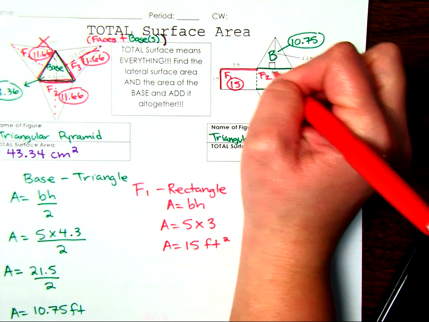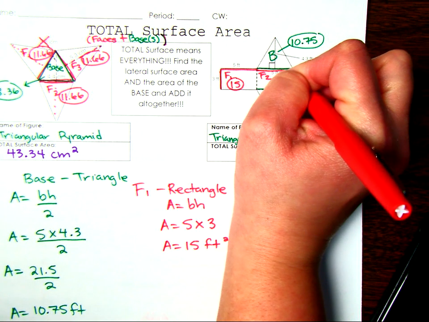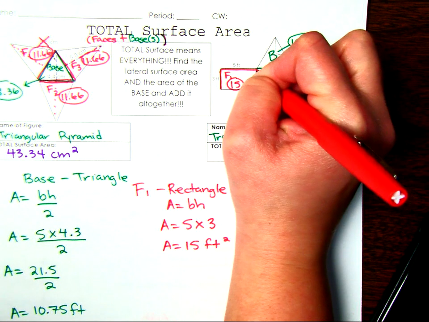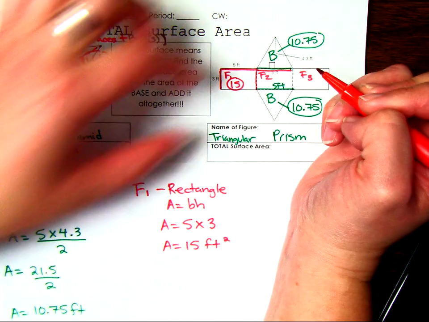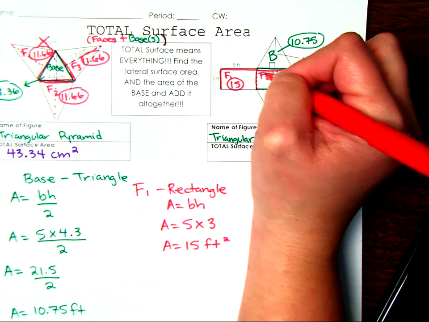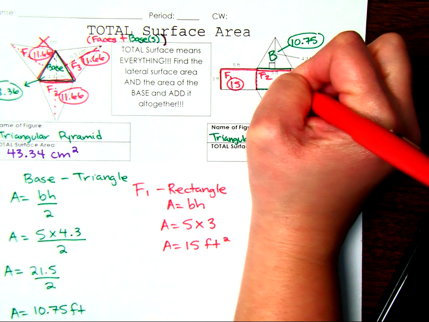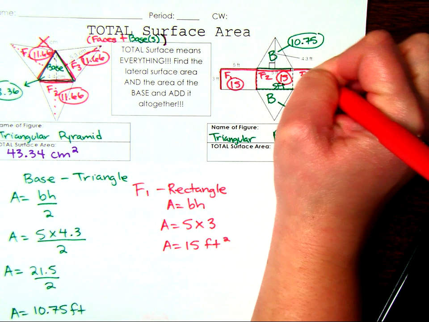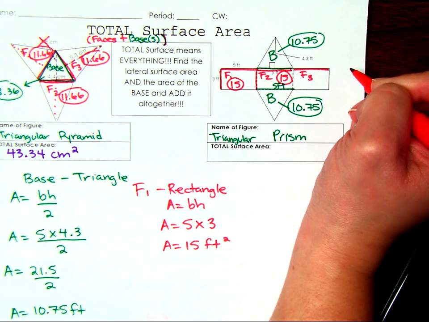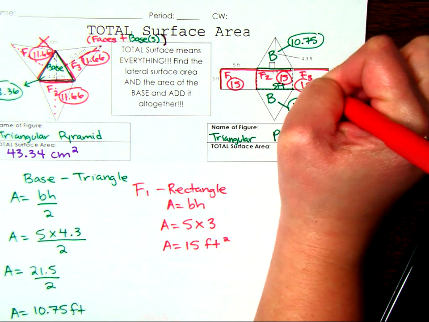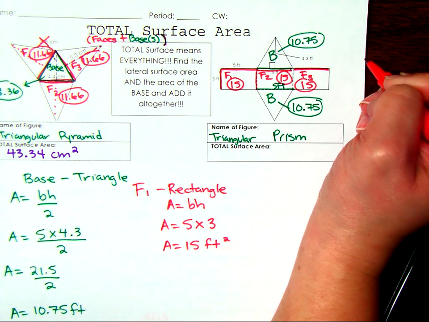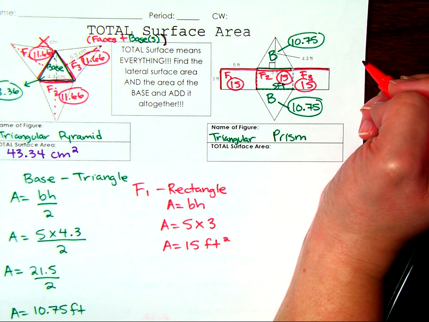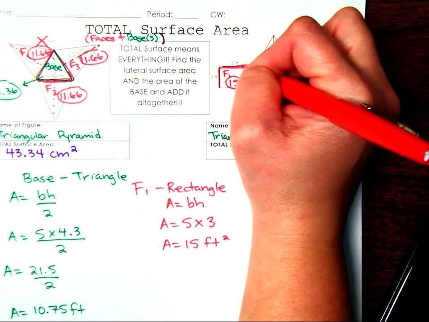Okay, so let's look. If this is also 5, and your height right here, parallel and congruent, it's also 5 times 3, you know that that's going to be 15. And this right here is also going to be 15, because this base right here is 5. Okay? Another thing to note, see how this says 5 right here?